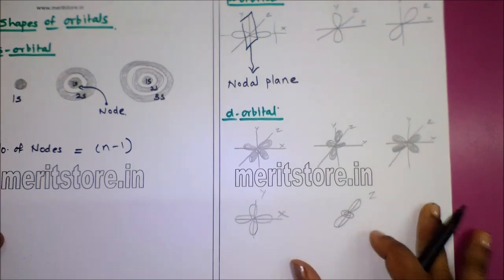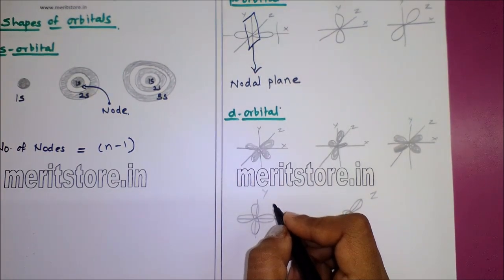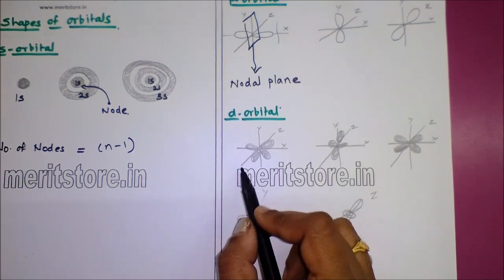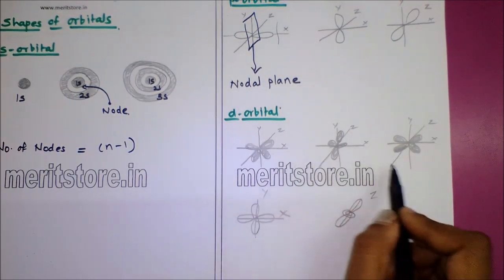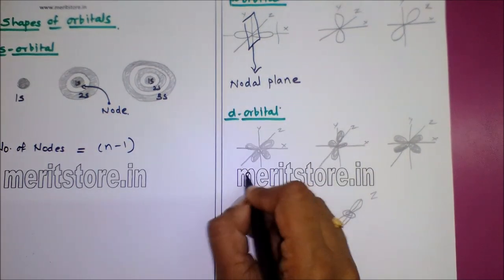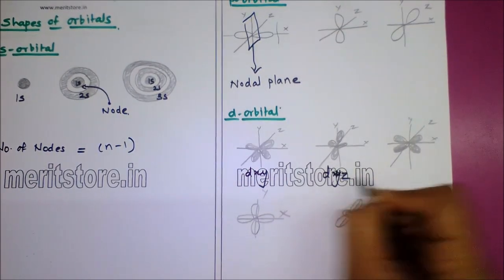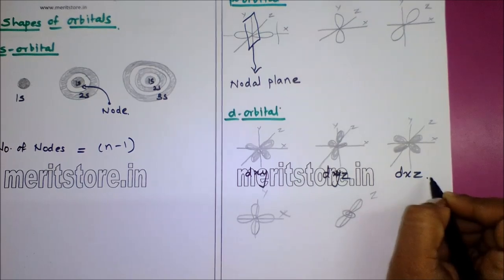In the case of d orbitals we have 5 different orientations. Out of these 5, there are 3 orientations which lie in between the axes. For example, this one is lying between x and y, so we call it dxy, this is dyz, and this is dxz.